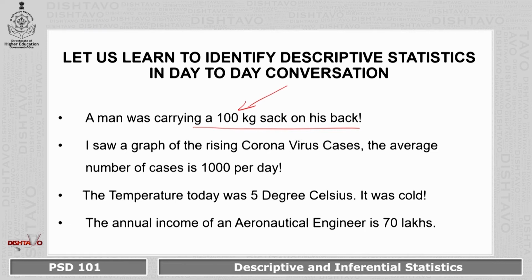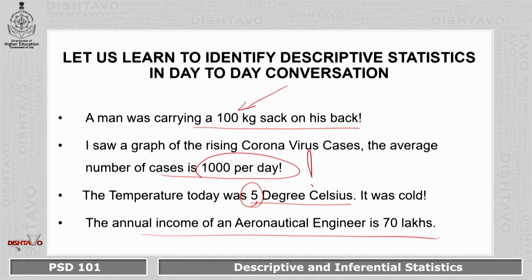I saw a graph of rising coronavirus cases. The number of cases is 1,000 per day. So this again is giving us a description. The temperature was 5 degrees Celsius. We all know that this would be pretty cold for us, especially for all the people from Goa. The annual income of an aeronautical engineer is 70 lakhs.